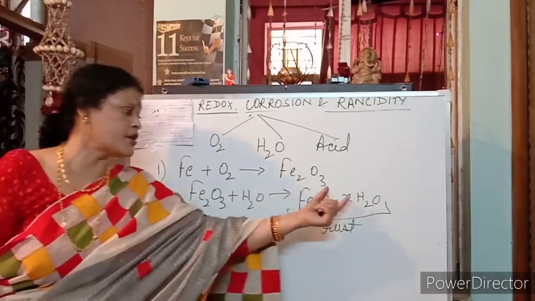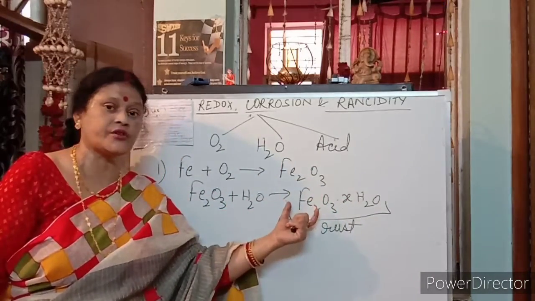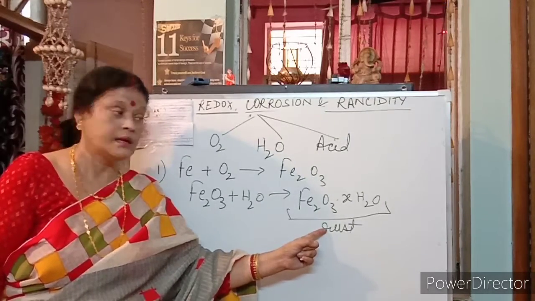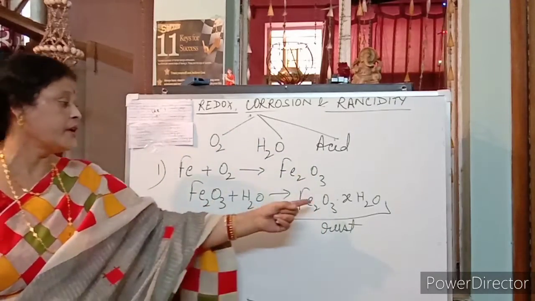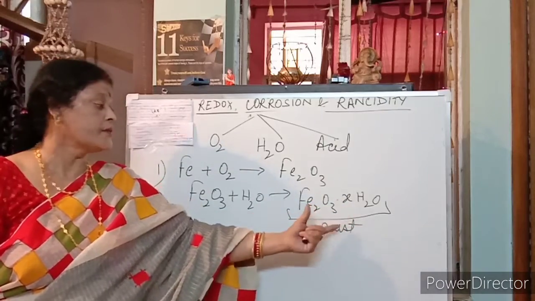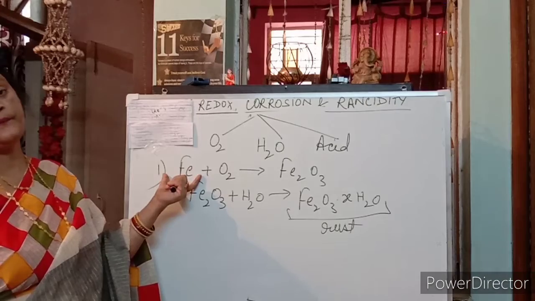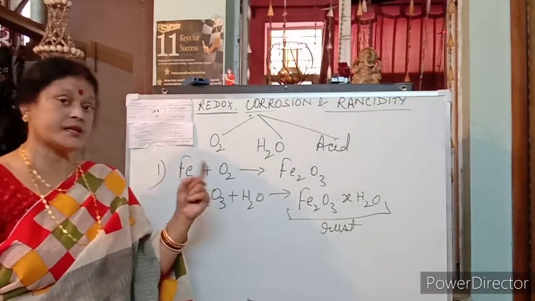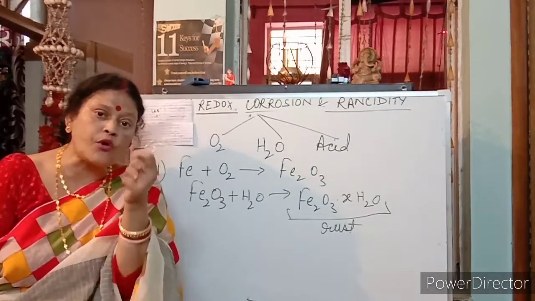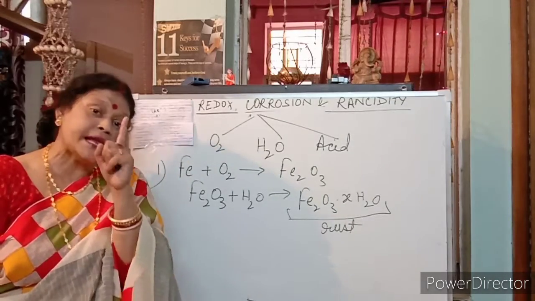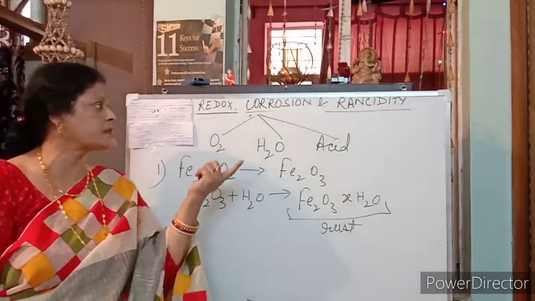X means any number of water molecules will stick to this iron oxide, forming rust, which is a reddish brown substance. This is the formula of rust, and iron shows rusting. Now corrosion and rusting are not the same thing. When I am talking about rust or rusting, we are only talking about iron, students. Till 8th class you all know rusting means spoilage.